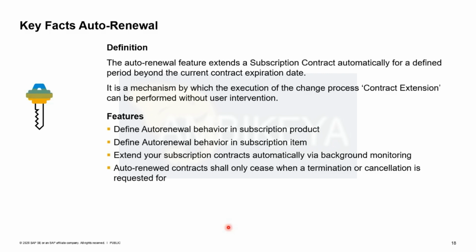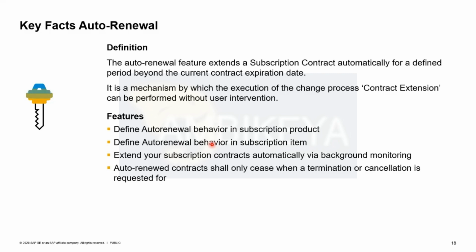So whenever auto-renewal is a default setting, while ordering in the subscription item, we can change this behavior. We can even change how many days before a contract expiration the auto renewal has to be triggered. It's kind of a pre-agreement while ordering for a service.